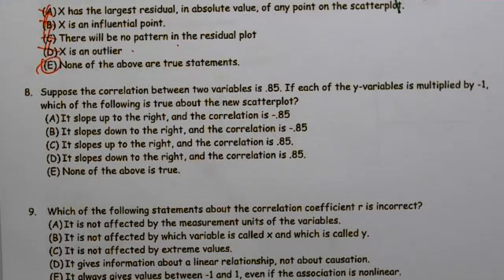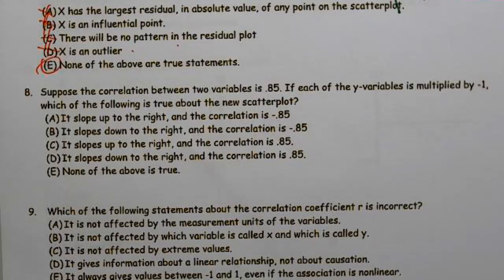So consequently, the direction of the slope is going to change. Now, if we multiply them both by -1, there is no change. But multiplying one side by -1, we're going to change our slope, and we're no longer going to have a positive slope. We will have a negative slope, and consequently, we will have a correlation of -0.85.